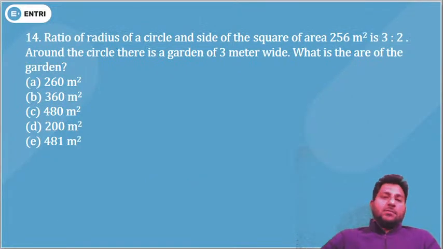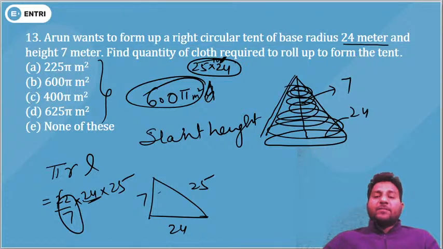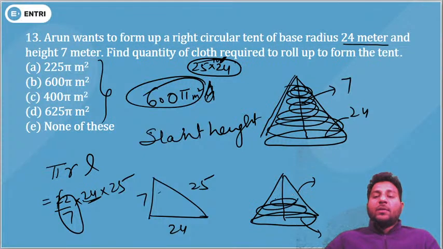Now next. Ratio of radius of a circle and side of a square. Okay, so look at this. Arun wants to form a right circular tent of base radius 24 meter and height 7. The tent will be in the form of a cone, so you need the slant height, because you will be rolling the cloth like this, not from the ground, because on the ground the tent will be established.